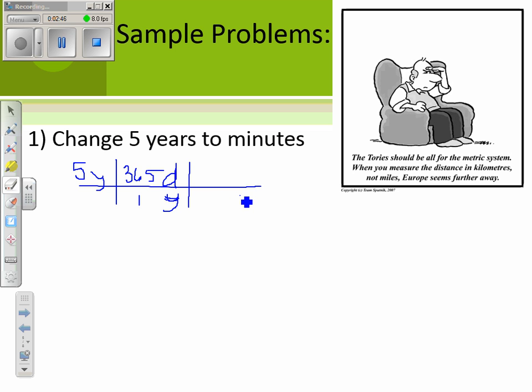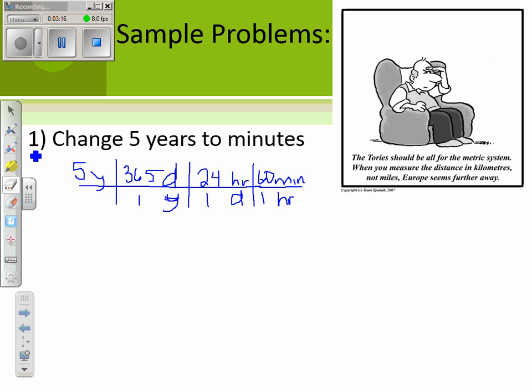And then I'm going to put days to hours. I know that for every 1 day there are 24 hours. And then I'm going to go from hours to minutes. So for every 1 hour there are 60 minutes.